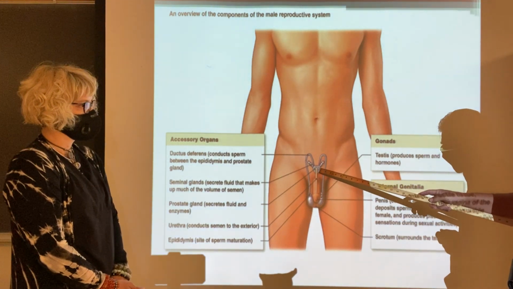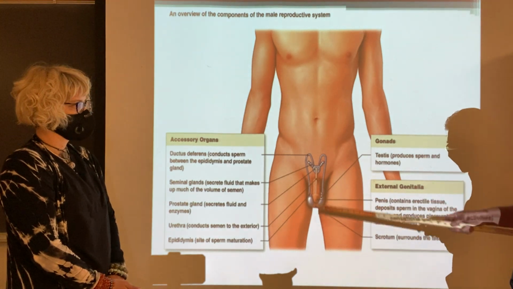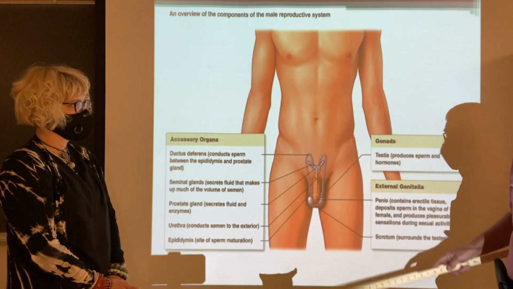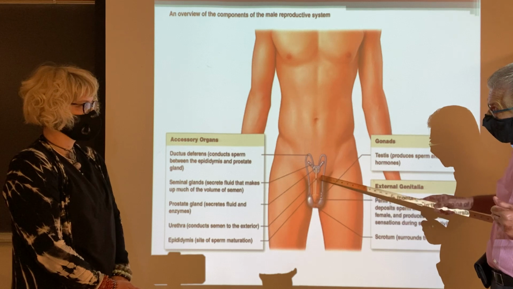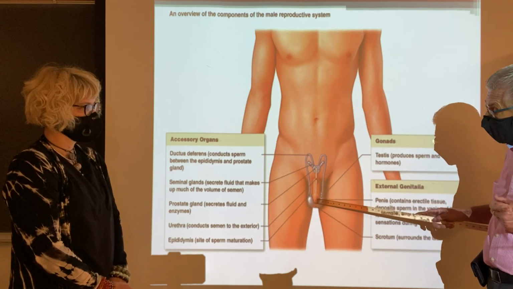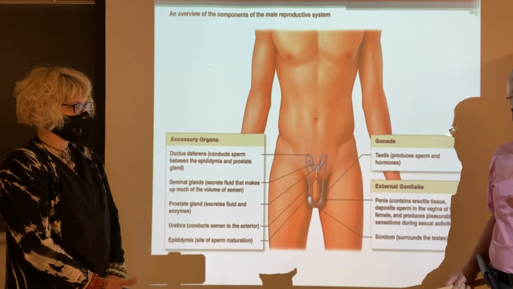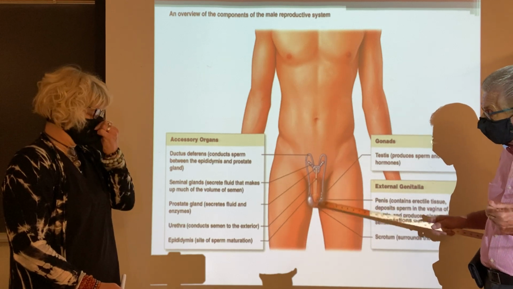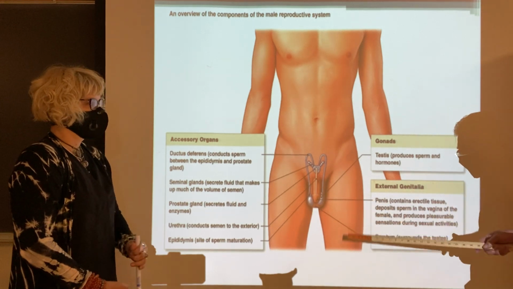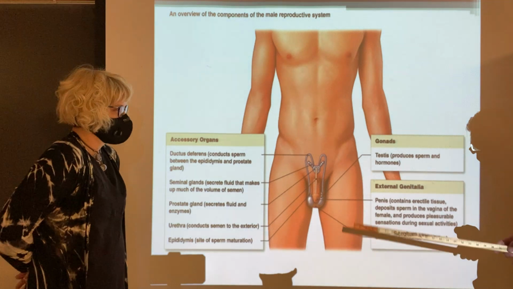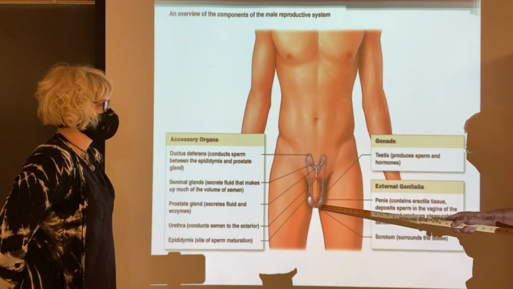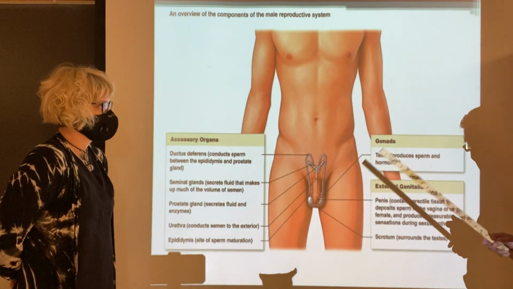The male reproductive system is involved with, obviously, from the male point of view, erectile tissue. That erectile tissue, of course, is important for the sexual act in terms of reproduction, okay?